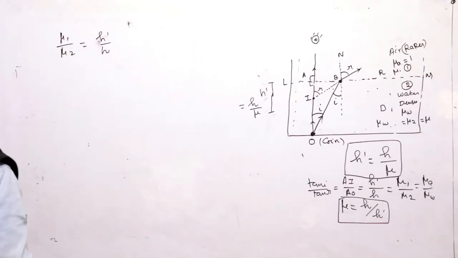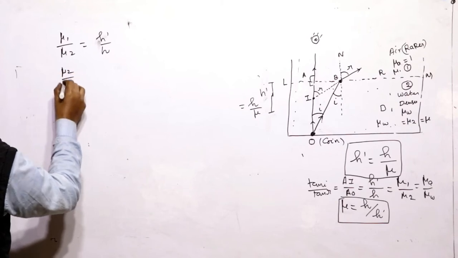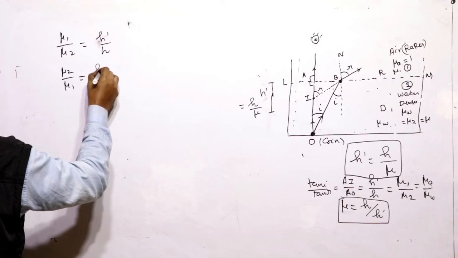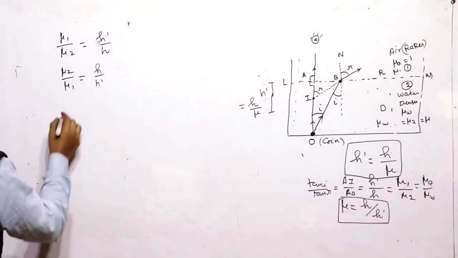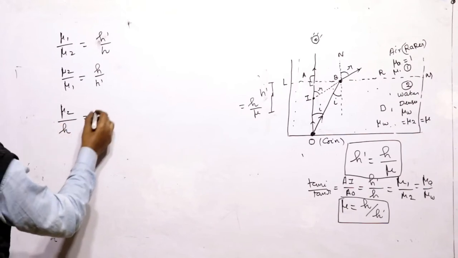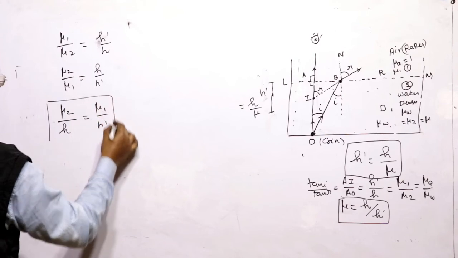So this can be written as mu2 by mu1 is equal to h by h dash, or mu2 by real depth is equal to mu1 by apparent depth. This is also another equation.